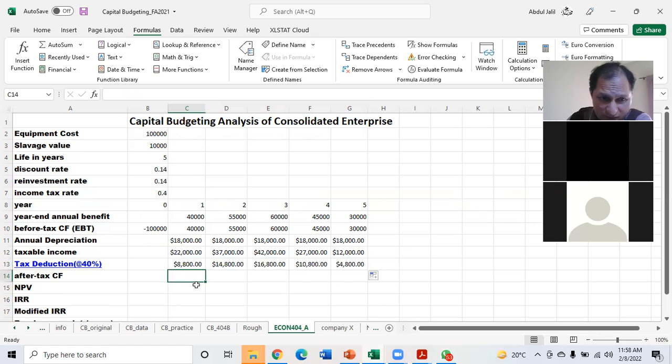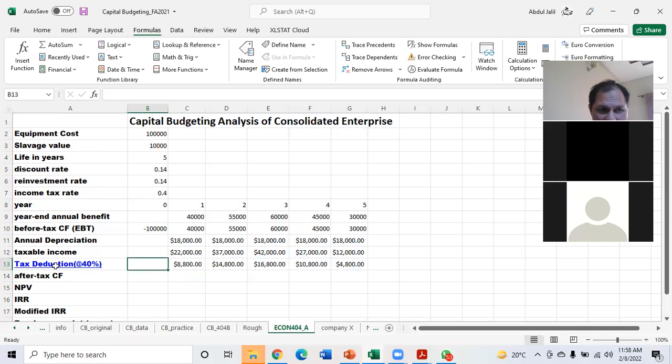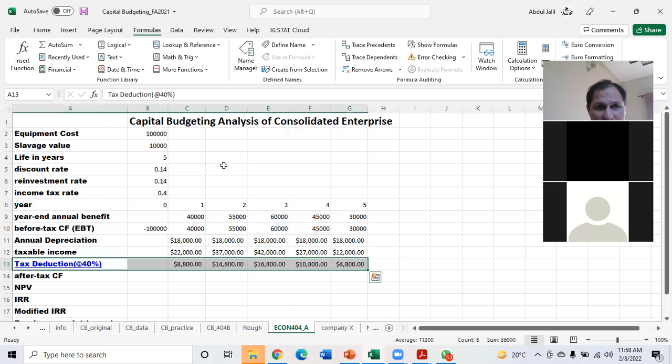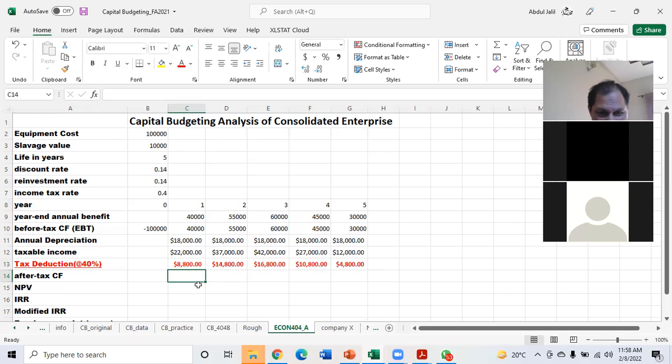And now what you need is the amount after paying taxes. This is the tax. Let's suppose I make this amount red. Usually, you know, tax is a dangerous thing. People don't want to pay it. They are not happy with it. Therefore, I make it red and gold, right?